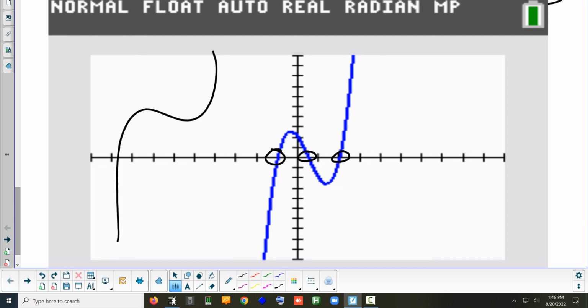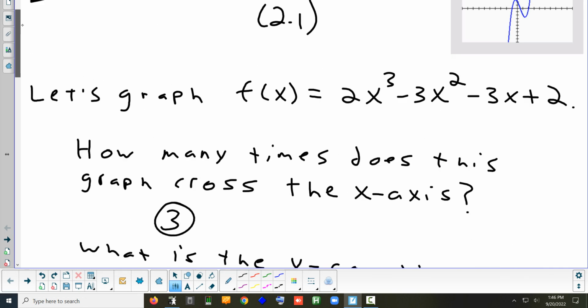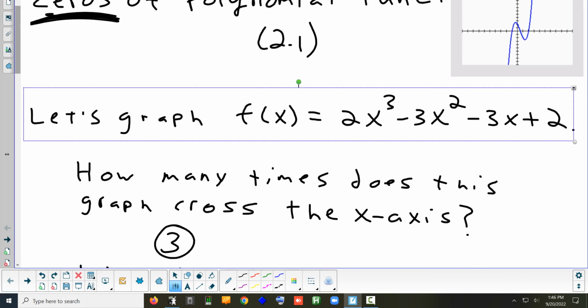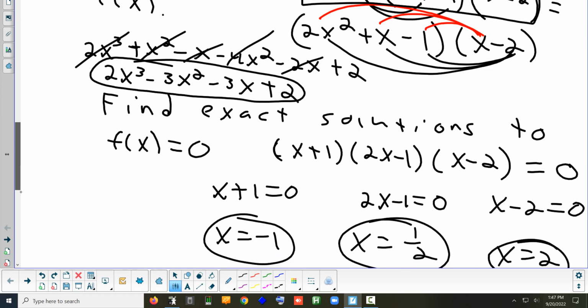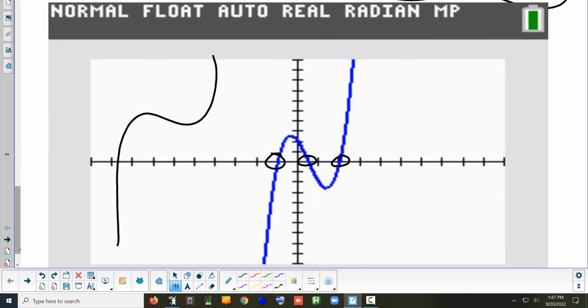The highest exponent, you can think of this as the most answers it could have. 3 is the most. It can't have more than 3, but it could have less. In this case, it could have 2, or it could have 1. Now, when we talked about a parabola, we saw a parabola could have 0, right? You drew the parabola up there. Do you think a graph that looks like this could ever have 0?